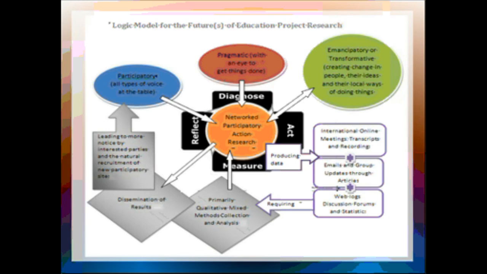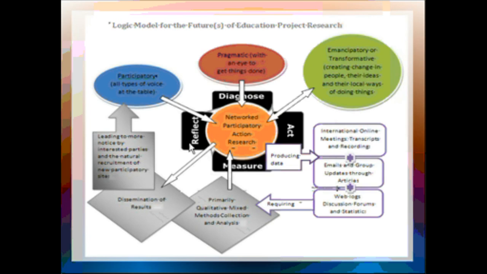This one is for the Futures of Education project that I run, and it's a multi-year international project. It's got lots of components, but even that can be broken down into these basic epistemological ideas. We're participatory, we're pragmatic, and we're emancipatory, looking for transformative outcomes.